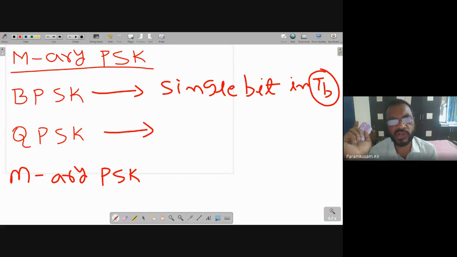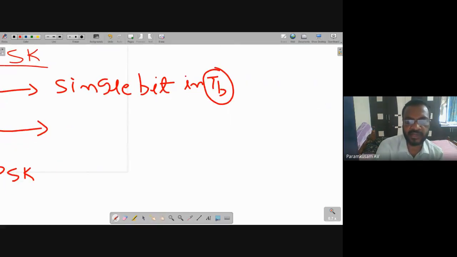What are the 2 possible combinations? If a single bit is transmitted, then that single bit can be either 1 or 0.